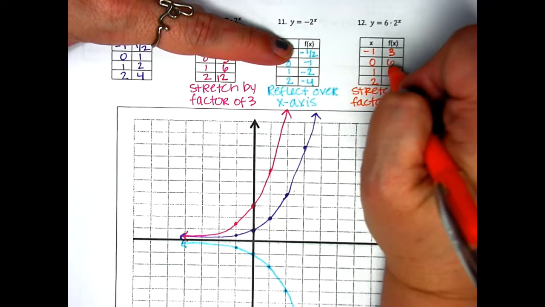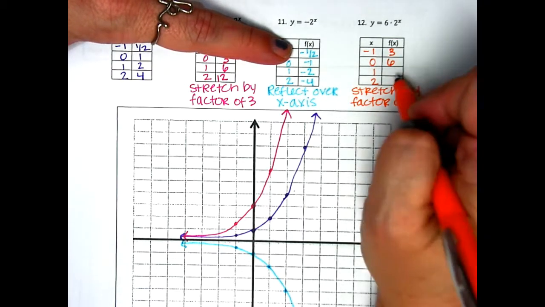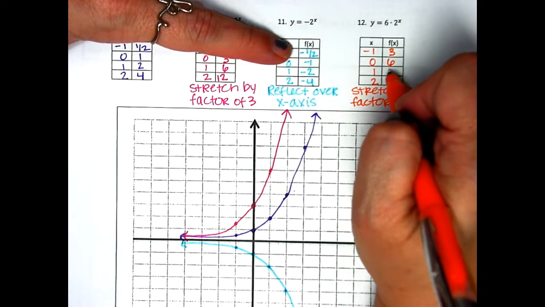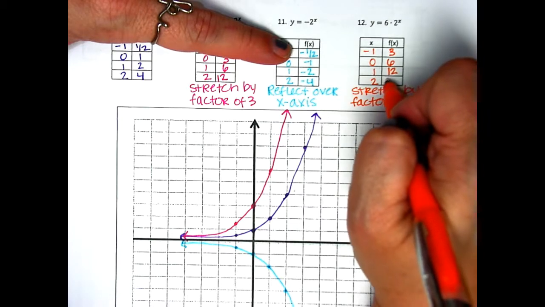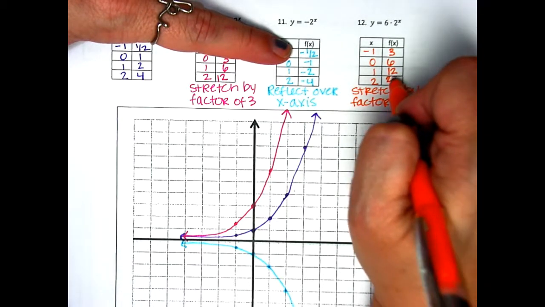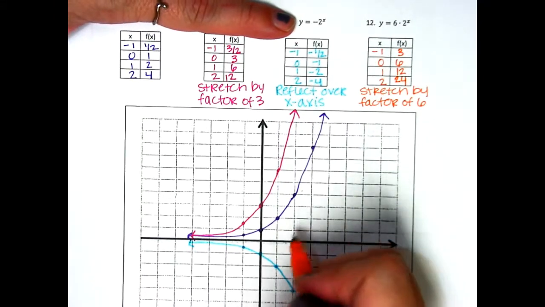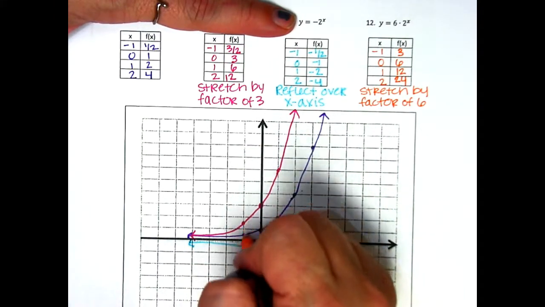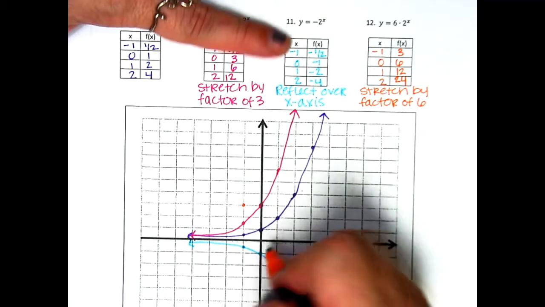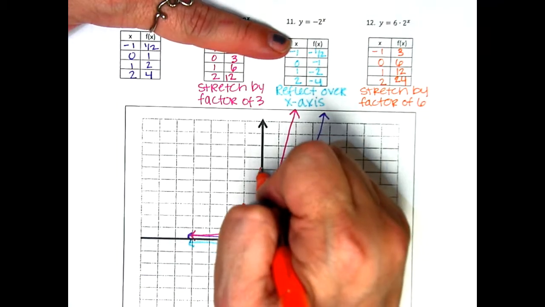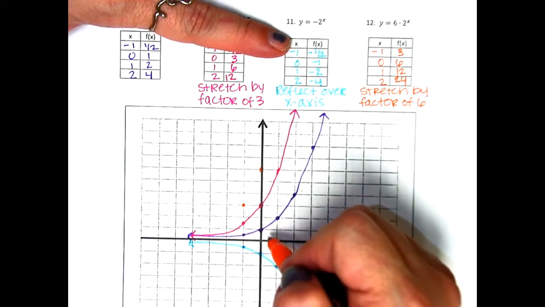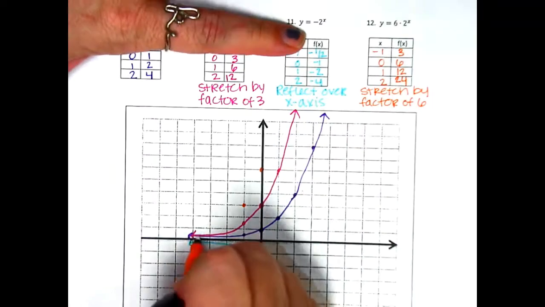For 0, I get 6. For 1, I get 12. And for 2, I get 24. Okay, so I'm going to go ahead and graph. Negative 1, 3, 0, 6. And then the rest is going to be off.